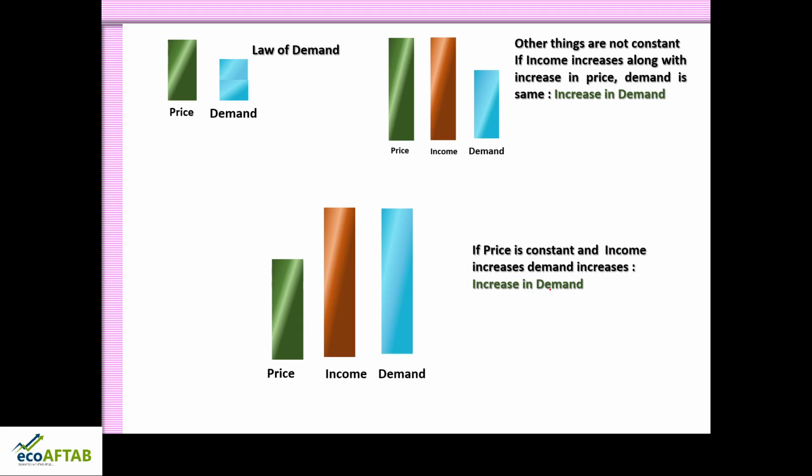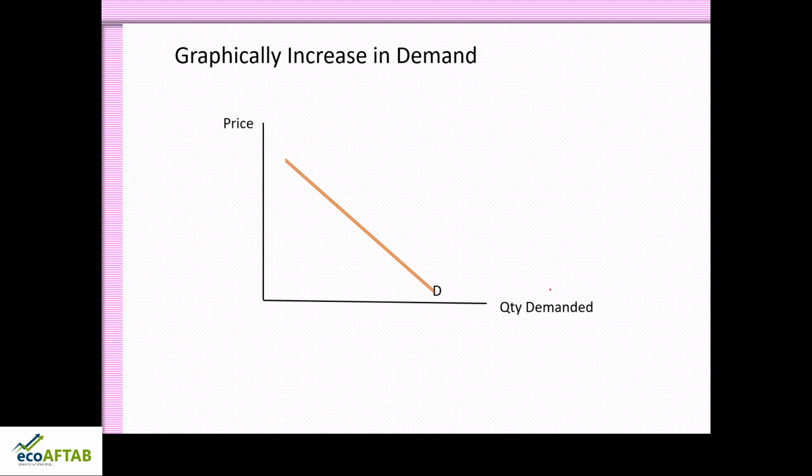Now we will understand this whole theory in terms of graph. So graphically, let us see what is happening with regard to increase in demand. The same demand curve D, and here quantity demanded is on x axis and price is on y axis. So if I say the price of the commodity is P1, now what Alfred Marshall says, the consumer will buy more of the commodity than he was buying earlier at the same price.